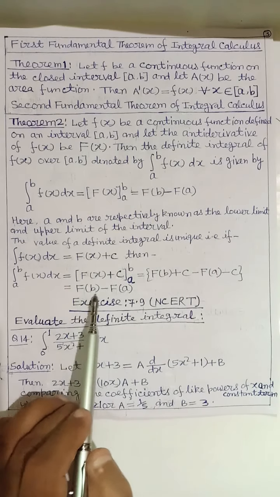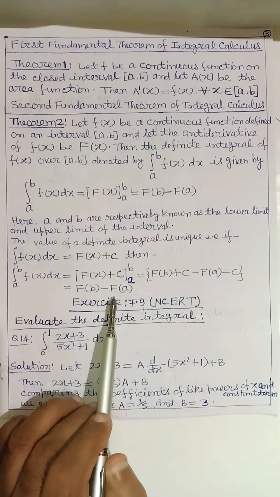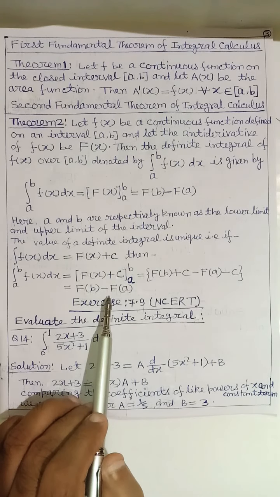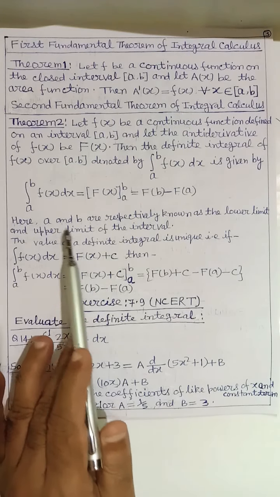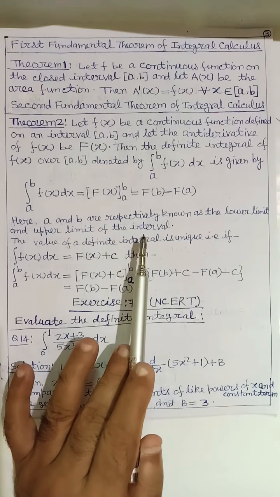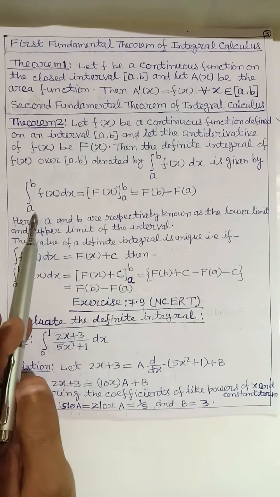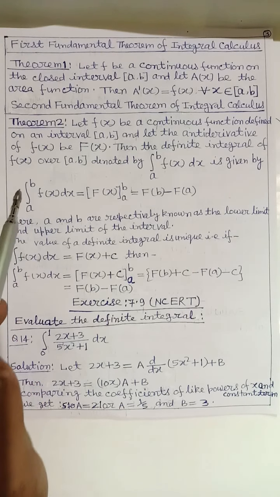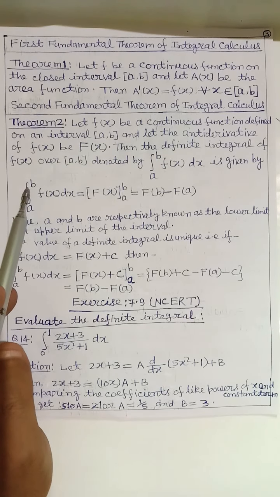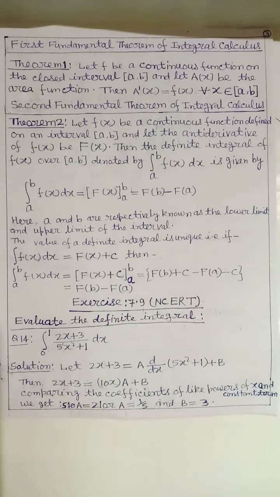Finally we get F(b) minus F(a). So in the definite integral, the constant of integration is not mentioned. Here a is the lower limit and b is the upper limit of the interval.